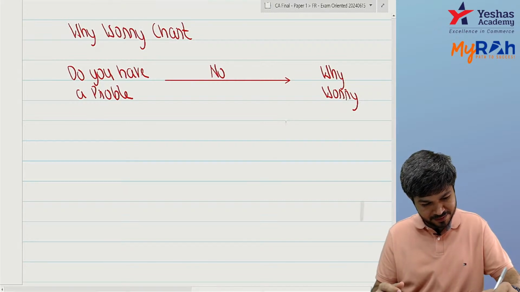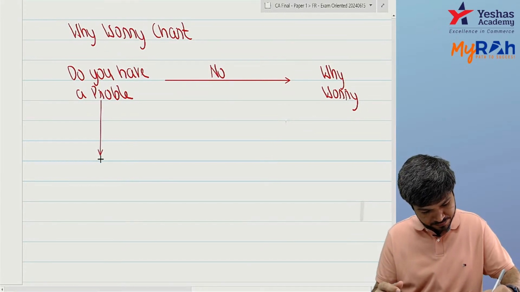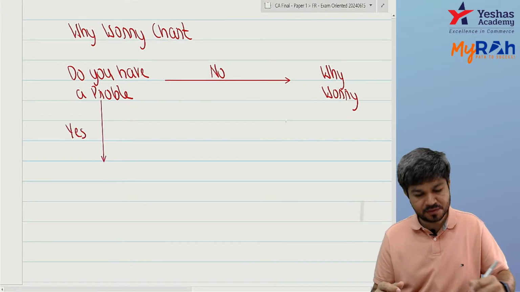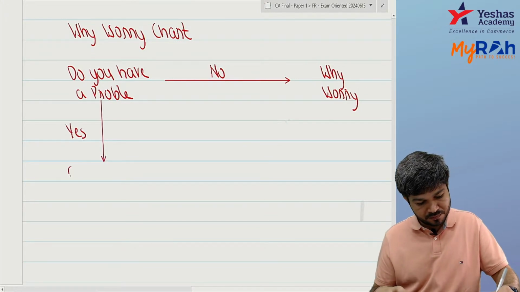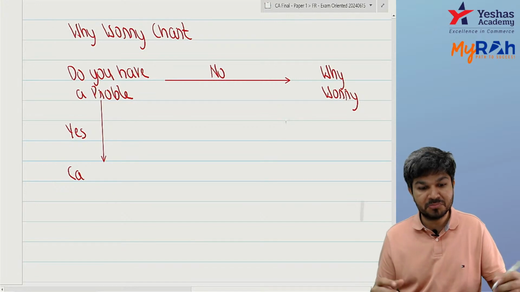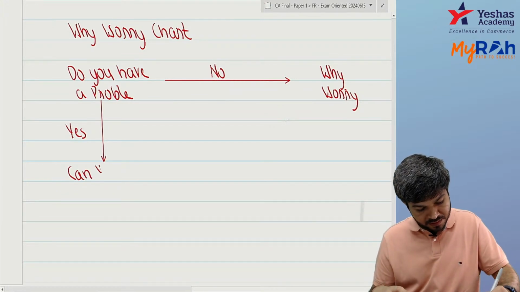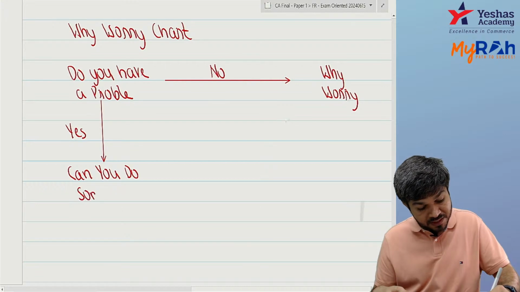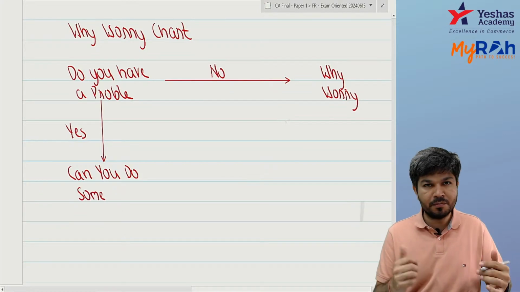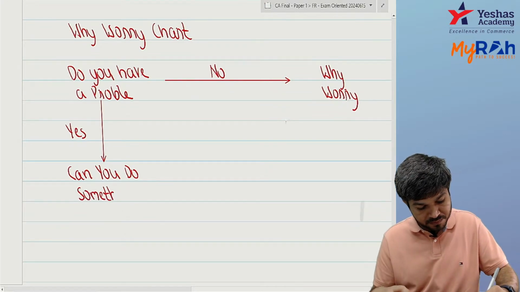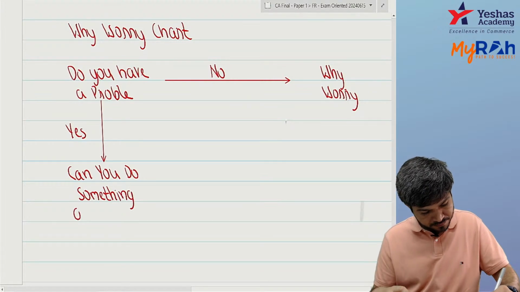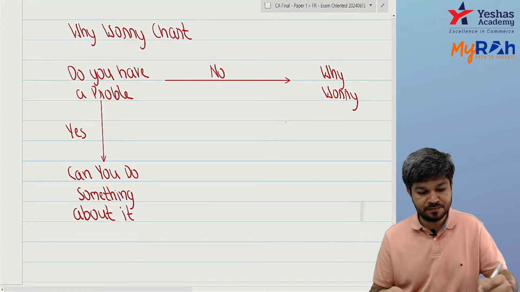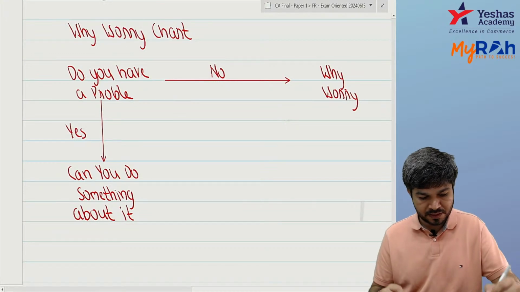If the answer is yes, so what to do? तो क्या करेंगे? Can you do something about it? अगर हाँ प्रॉब्लम है तो can you do something about it? Okay, there's a problem.